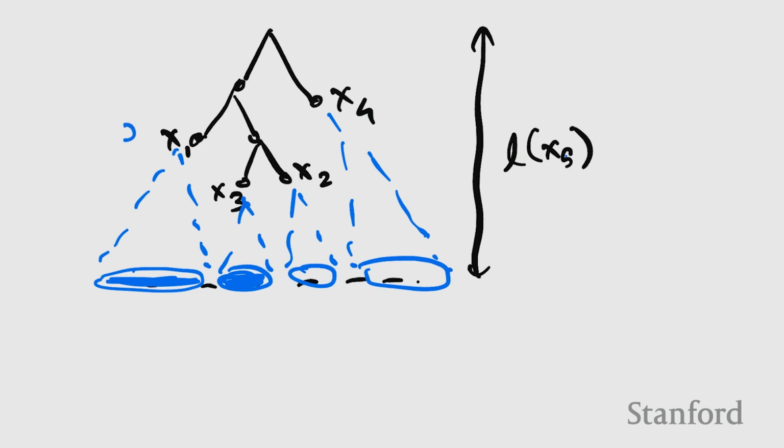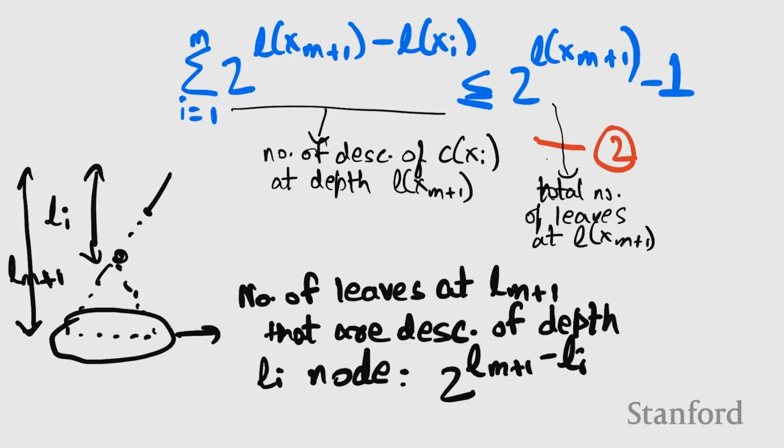For example, if x1 was 0, 0, these nodes will be 0, 0, 1, 1, 0, 0, 0, 0, all of these. So these are just not allowed. What we are trying to do is eliminate all the nodes that are disallowed by the prefix free property. And what we are showing is that even after you remove every node that is illegal, you are still left with one node which is still valid.